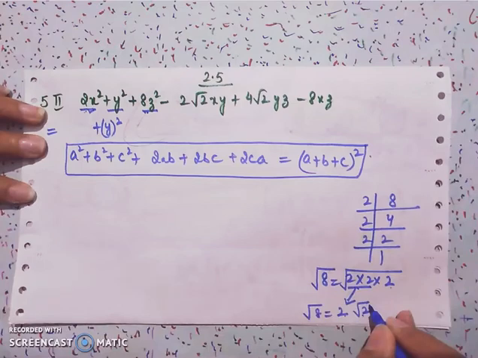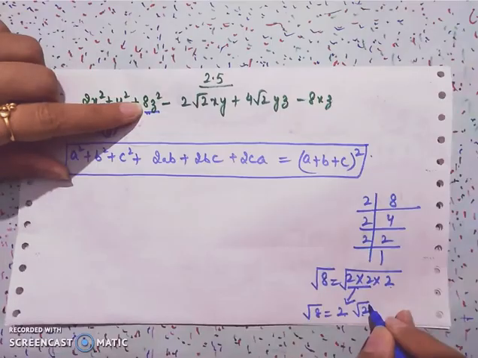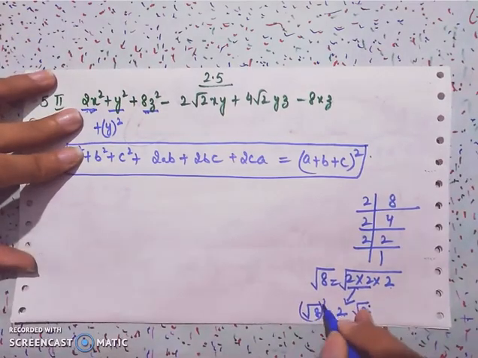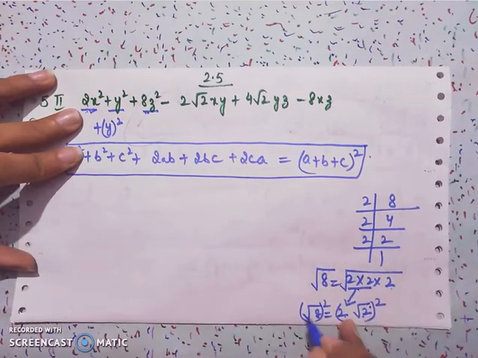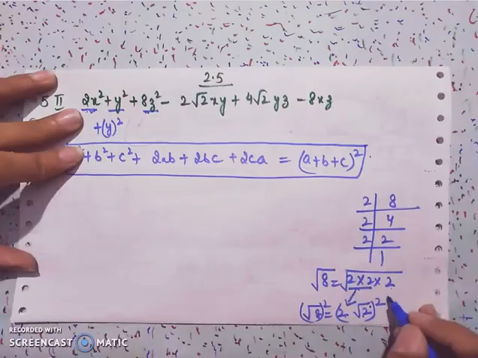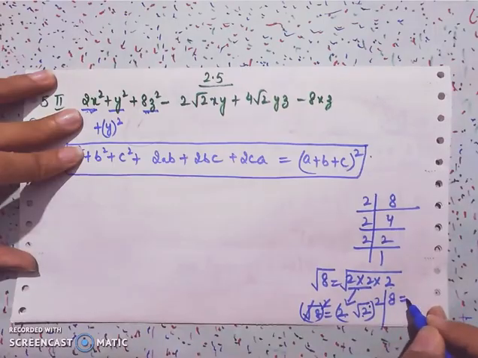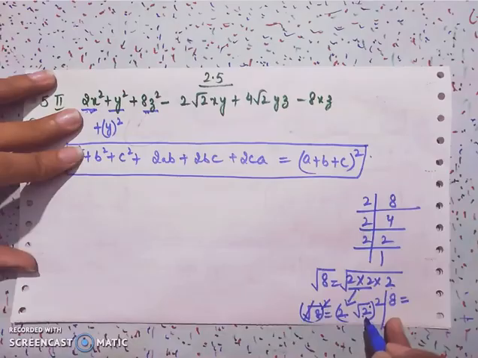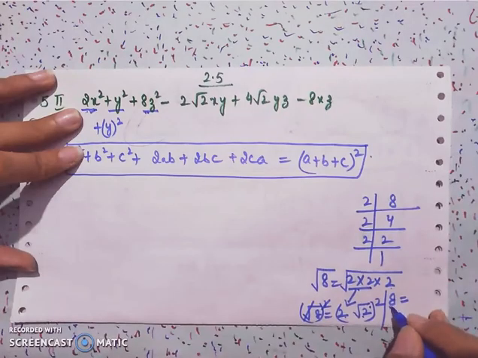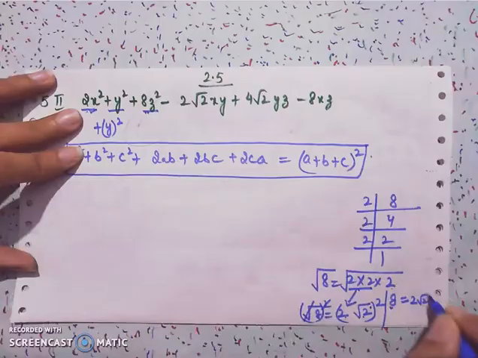I want to write only 8, so what will I do? I will take the square on both sides. When I take the square on both sides, what is left? Square and root cancel. Here I will not do any calculation because I want to write it in the form of the square of some number.